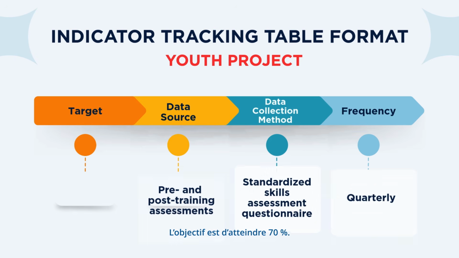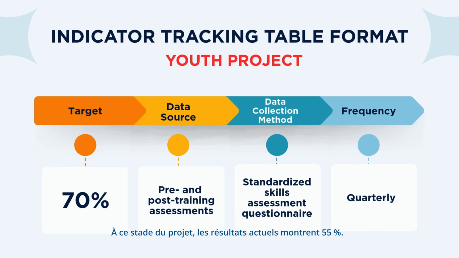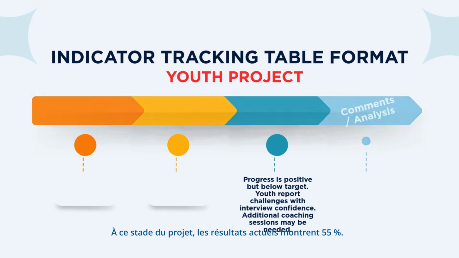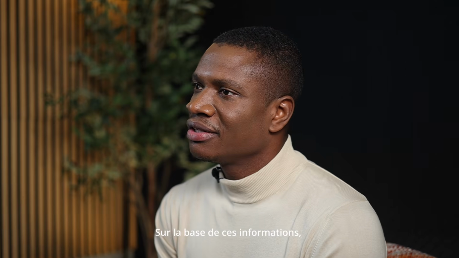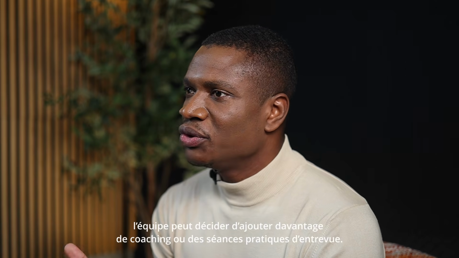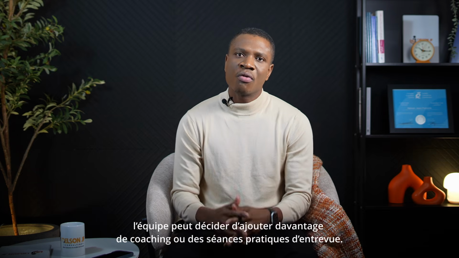The target is to reach 70%. At this point in the project, current results show 55%. Well, this tells the team that progress is being made, but also highlights a gap, particularly around interview confidence. Based on this information, the team can decide to add more coaching or practical interview sessions.